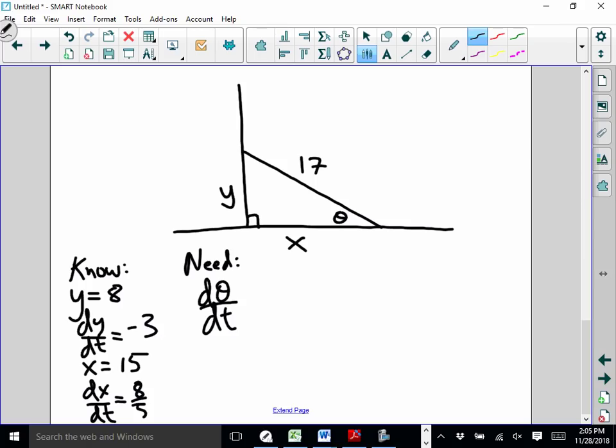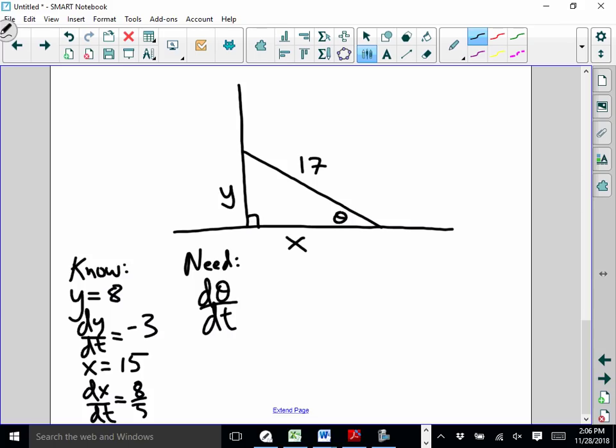I could write an equation for sine of theta, cosine of theta, or tangent of theta. But think, we're going to be deriving this. The derivative of sine theta is cos theta. That's nice. Derivative of cos theta is negative sine theta. That's okay. Derivative of tan theta is secant squared theta. Okay, I don't want to do secant squared. I could, but I don't really want to do it that way.